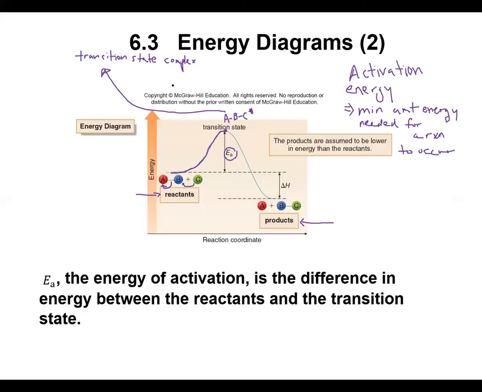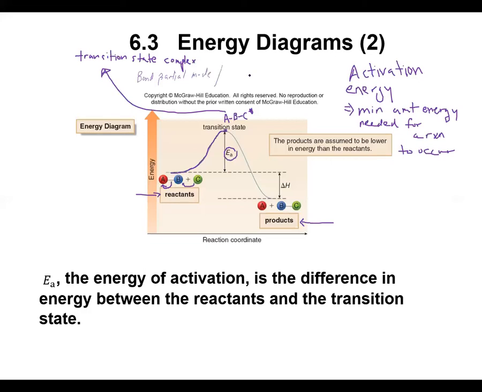And basically, if you think about what's occurring, as the reactants go from our reactant side up this hill to the other side, we have to break all those bonds and start making some new bonds. So what you have at this transition state is a place where we have bonds that are partially made, and we have some bonds that are partially broken.